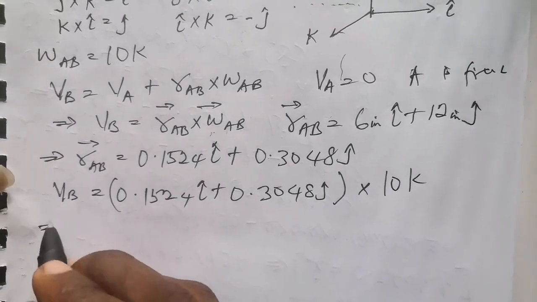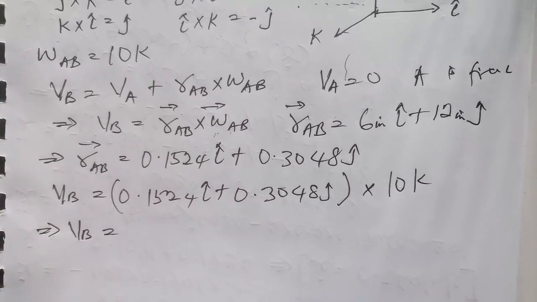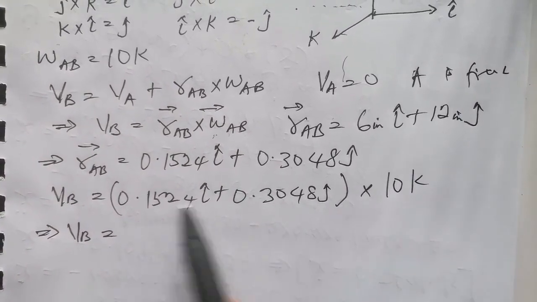So this simply implies that VB is going to now be equal to, so I have K crossing everything in this bracket.